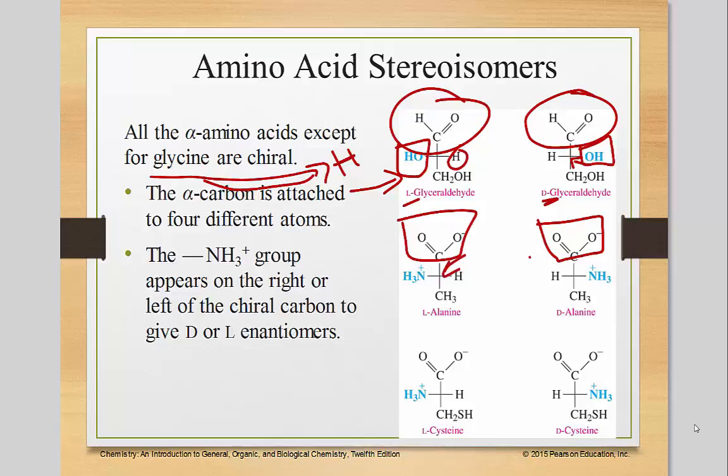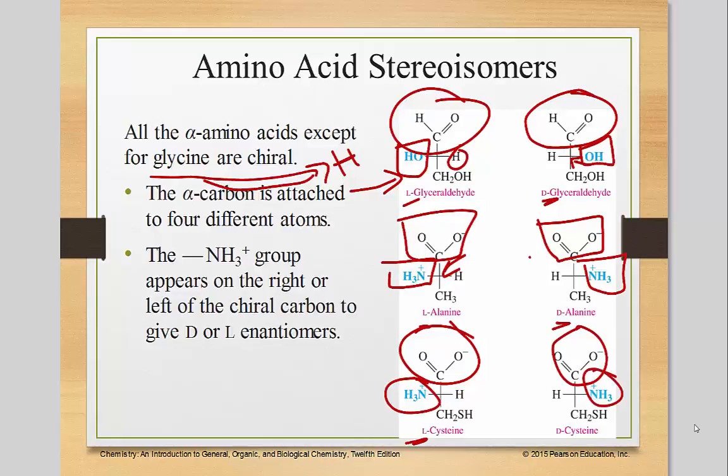We're going to look at the NH3 this time rather than the OH to determine if it's L or D. If it's on the left, it's L. If it's on the right, it's D. The carboxylate's on top. It's on the left, it's L. On the right, it's D. And that's your introduction to amino acids.